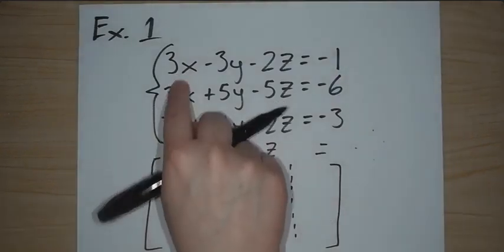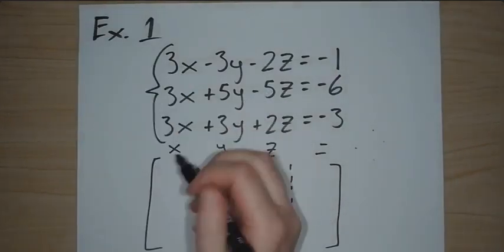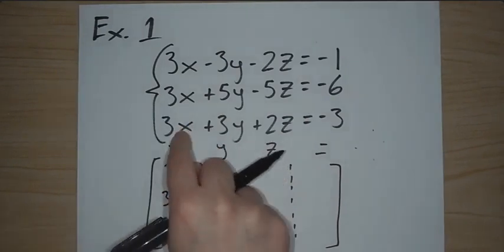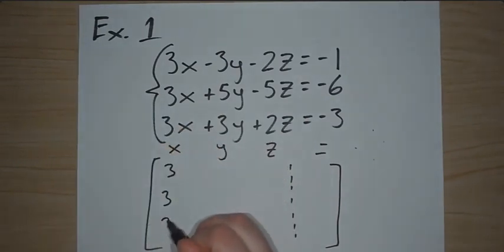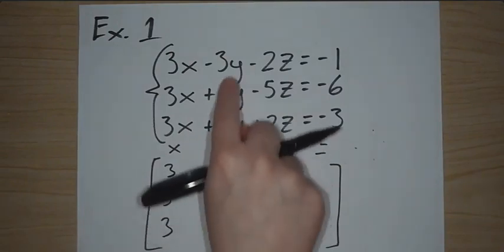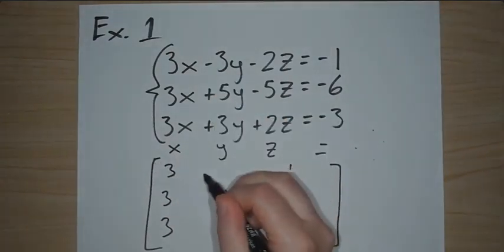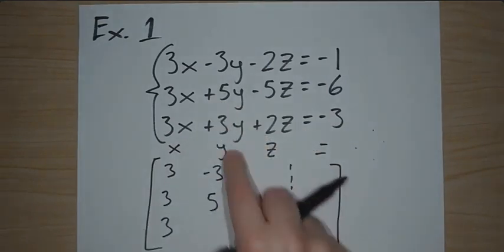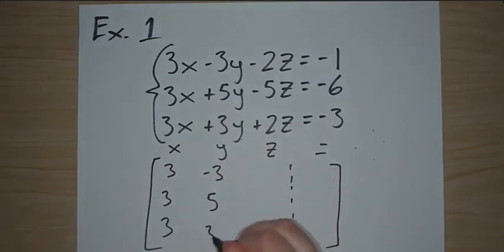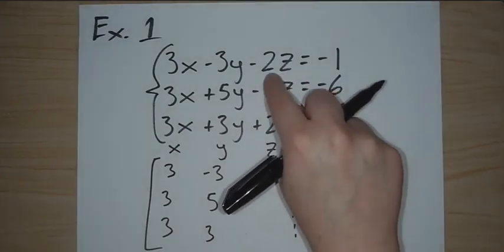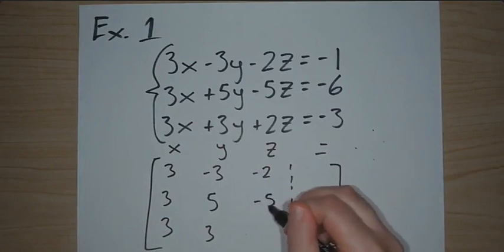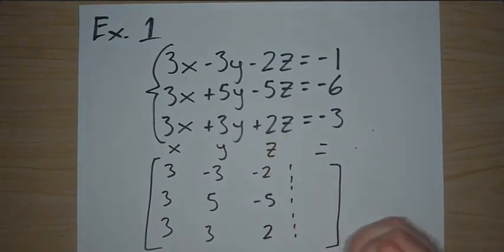So the coefficient for the first one here is 3. The next one is 3. The last one is also 3. For our y's, we have negative 3 in front of the first one, a 5 in front of the second one, and a 3 in front of the last one. For our z's, we have a negative 2 coefficient, negative 5, and a 2.